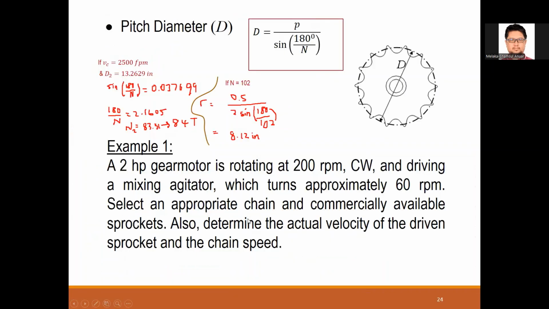So if I go to this equation, P is 1, so D equals P divided by the sine of 180 degrees divided by 80.